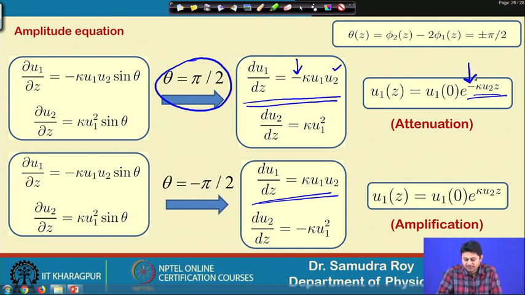This negative sign suggests that u 1 is going to attenuate. So, that means this phase which is related to phi 2 and phi 1 is very important to excite or attenuate a particular field. In this case, we are dealing with the subharmonic field, or u 1, and we find that u 1 can be attenuated or amplified.